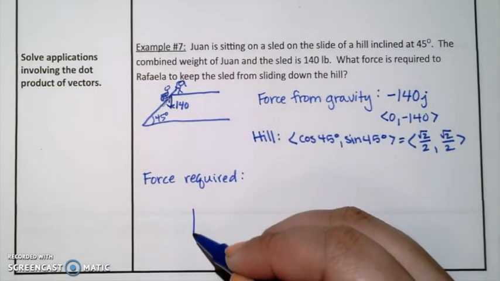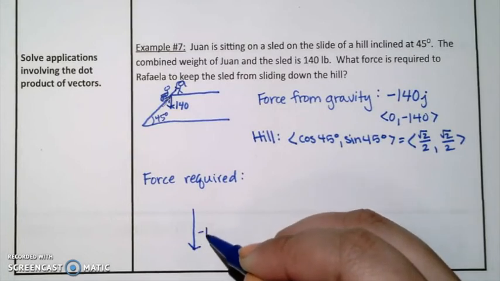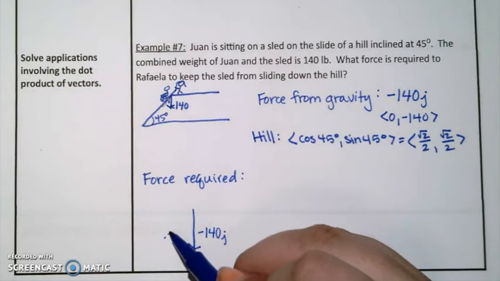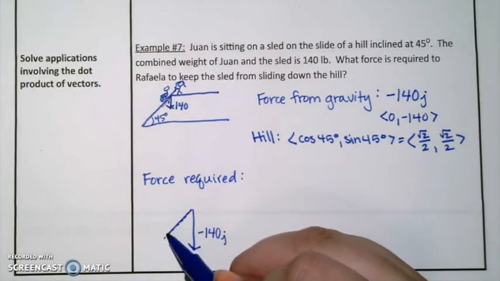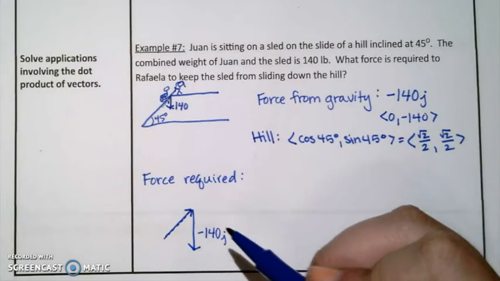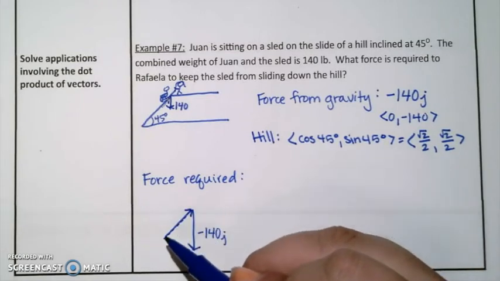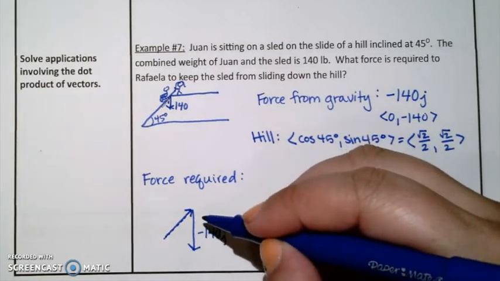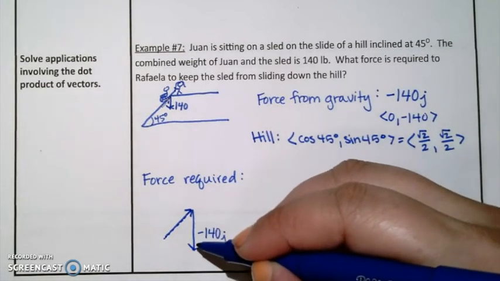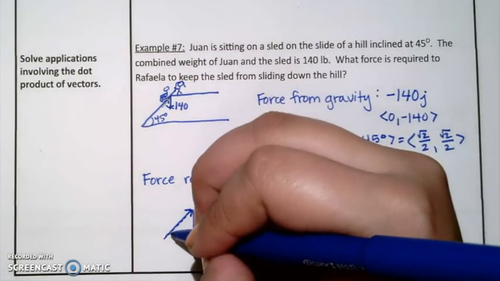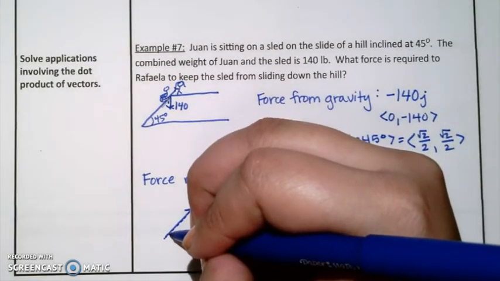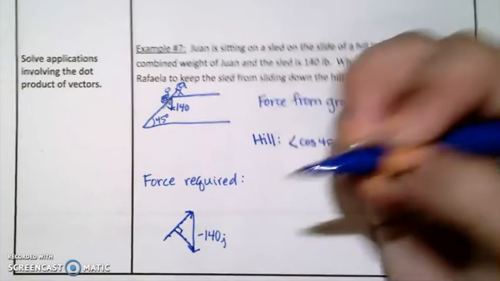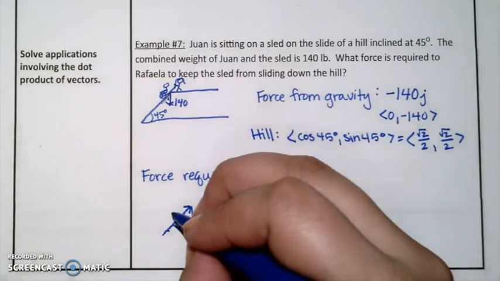I have a force vector here that is negative 140j, right? And this is the hill. I want to find out what projection onto that force vector is the force that I need. So if I'm taking this vector and projecting it onto the hill, that means it has to be at a right angle to the hill. So there's my right angle, okay? So this is the force that we're looking for.